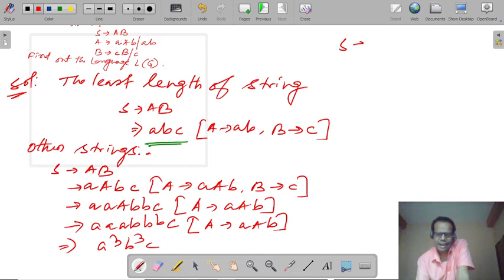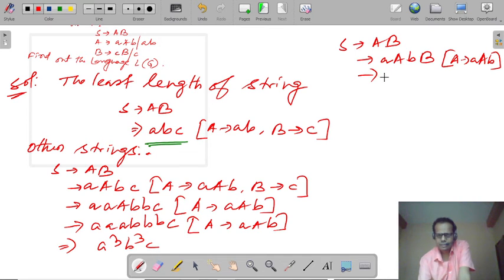So suppose S implies AB, A implies a A b, and then A implies a A b again, and A implies ab, and B implies c.